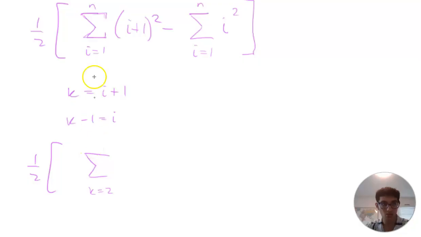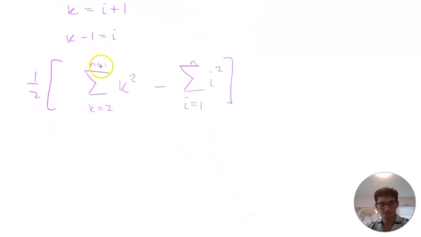And then we're still going up. Now k minus 1 equals n, so this is going to go until n plus 1. And now over here we have just k squared minus this over here from I equals 1 to n of I squared.